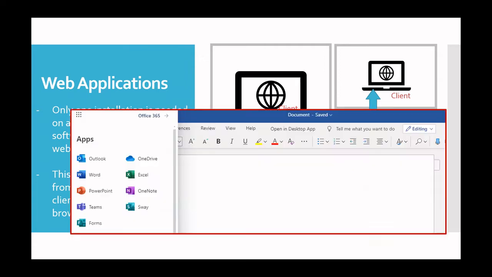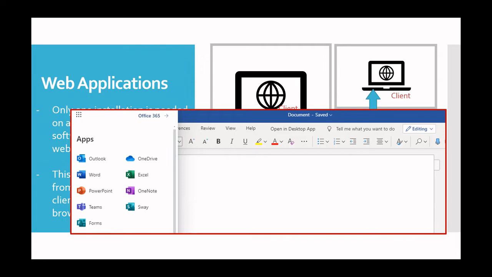So an example of that, to contrast it to the desktop application that we talked about, is the web version of Microsoft Office. You also have access to it through a website. Okay, it is very similar, even though with some limitations.